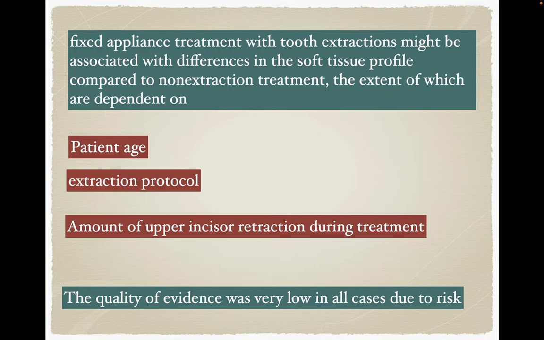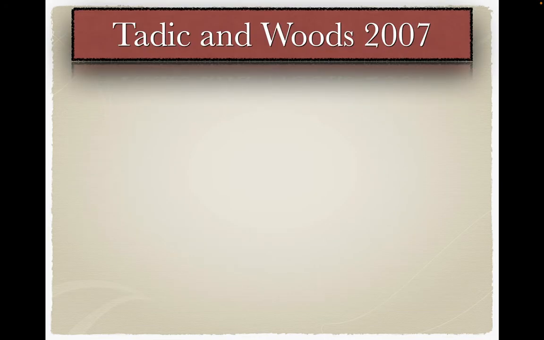So we don't have a conclusive result so far about how much the lip will retract when we do the extraction. All we know so far is that it will not affect the perspective of the patient about the aesthetic profile. If we have a bimaxillary profile patient, extraction will result in retraction, but it will not result in a dished-in profile. I like this paper because it helped me to understand the effect of the extraction on the soft tissue.